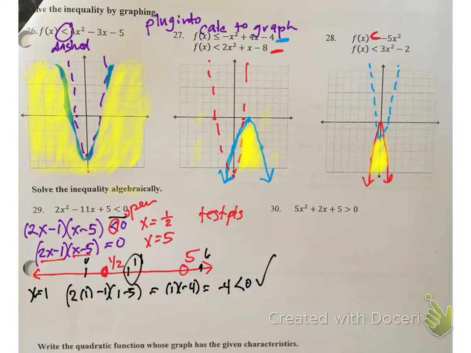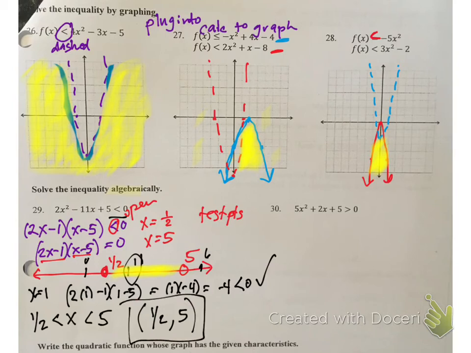Since that is true, that means that I shade in between. So my final answer would be 1/2 is less than x is less than 5. Or in interval notation, you would have parenthesis 1/2, comma 5. I think on the test it's going to want you to do it in interval notation. So just remember that.